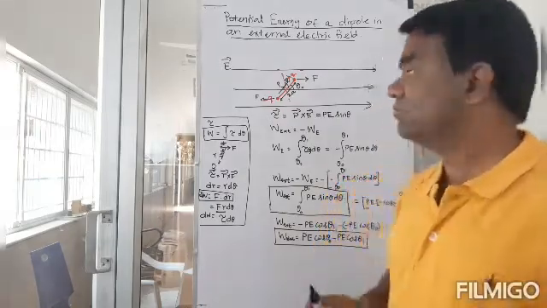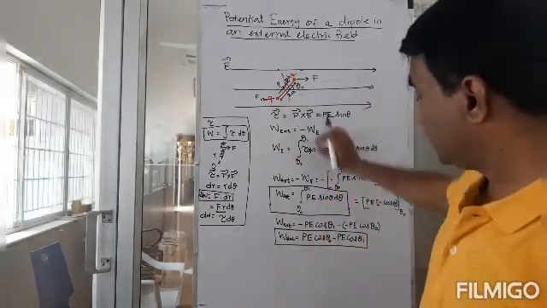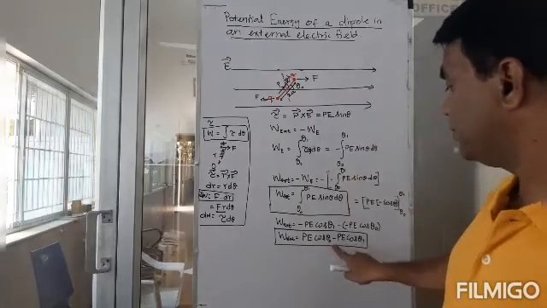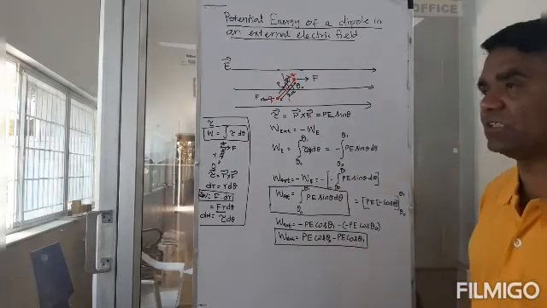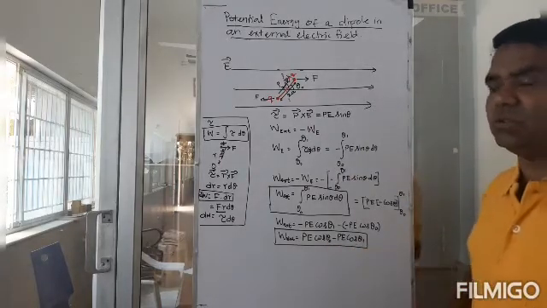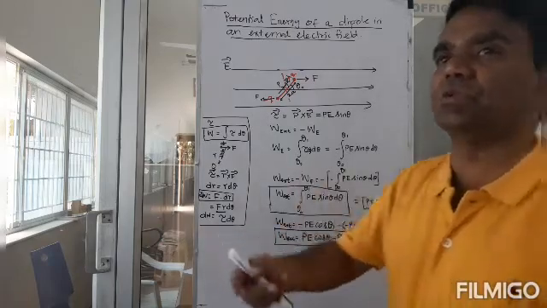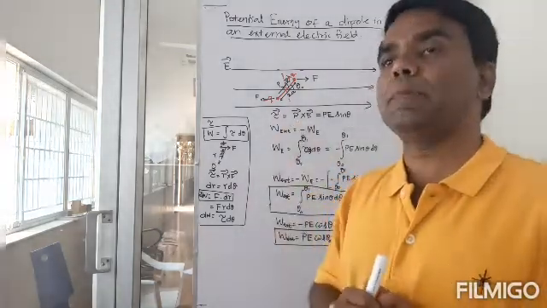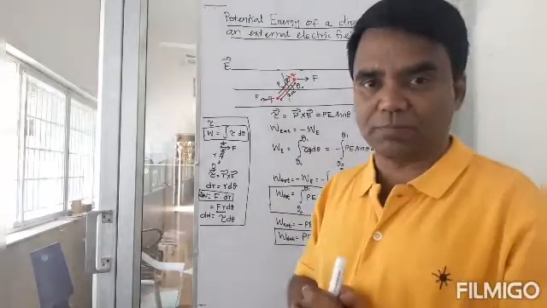So here the potential energy difference is P cos theta minus P cos theta 1. If that is the case, I can choose some point as a 0 potential point.